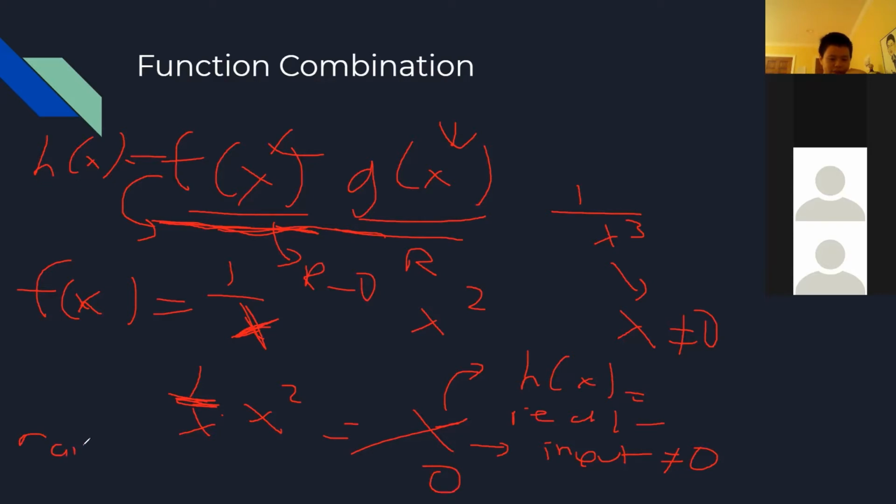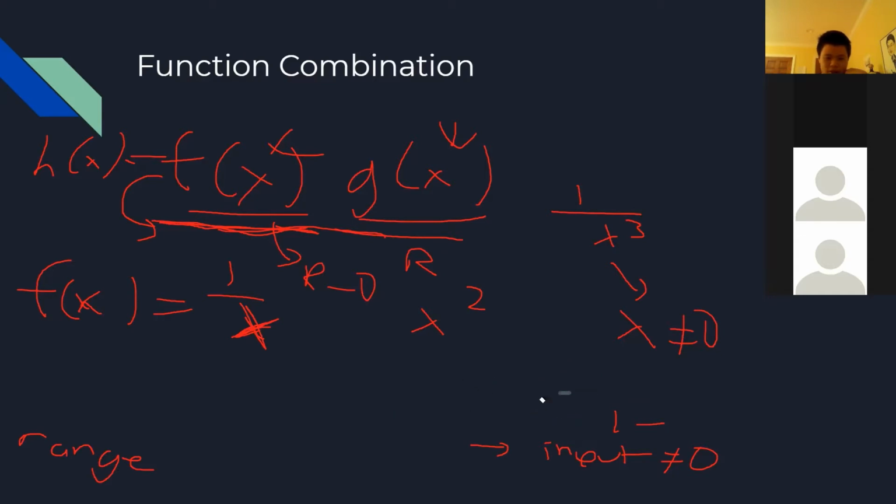So the range would be the real numbers except 0, which is R minus 0, which would actually be done like this if you wanted to write it formally. This three-lines symbol, parentheses, negative infinity, 0, parentheses, which means that it can't be 0, or negative infinity, and which is this.